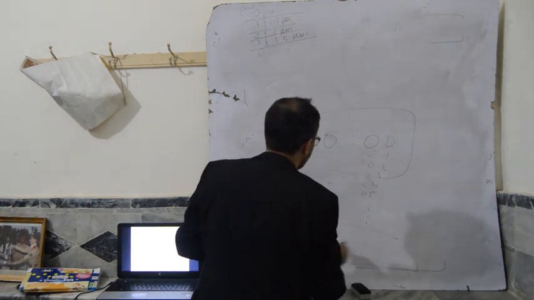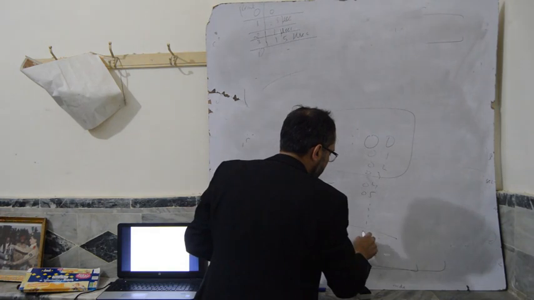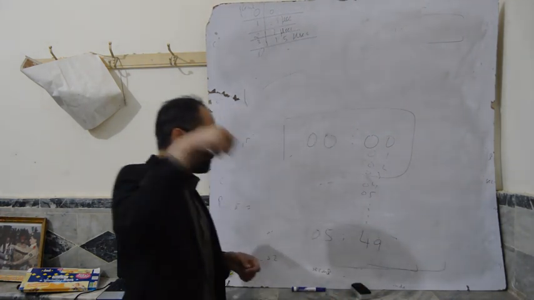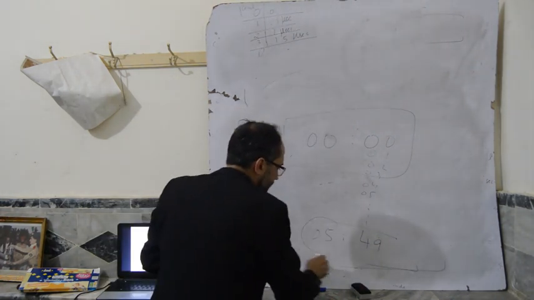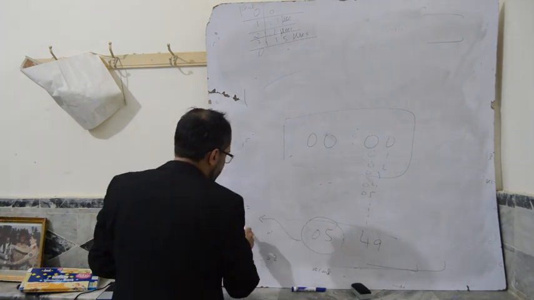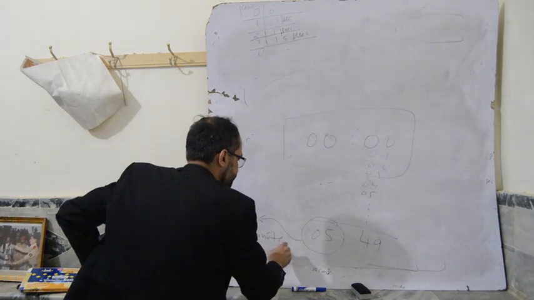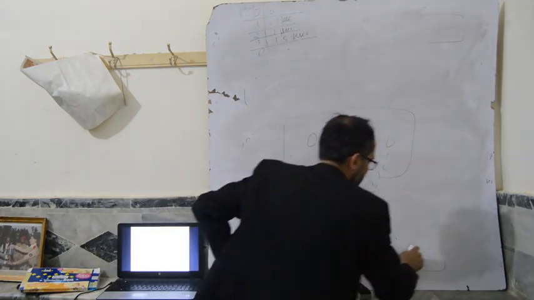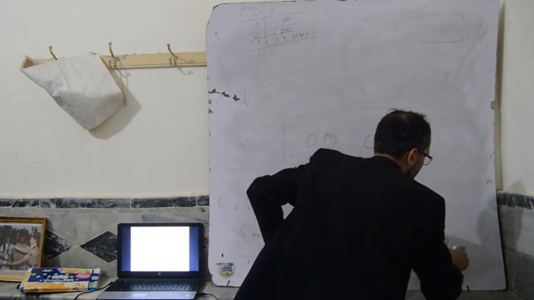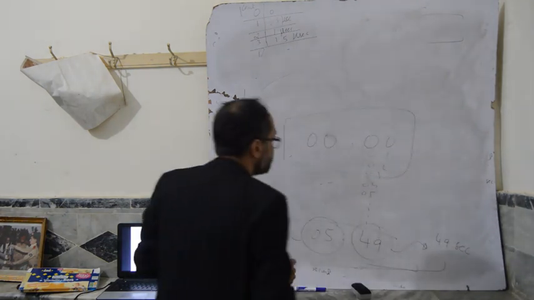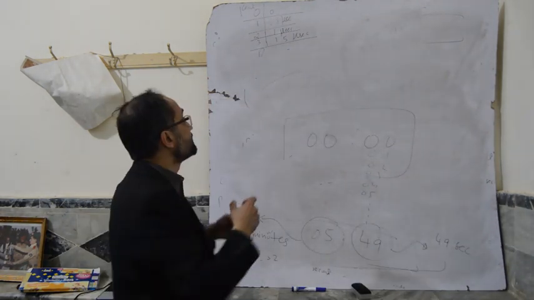Let's assume the count is 5:49 and the user presses the button. It means that a time duration of 5 minutes and 49 seconds has elapsed.